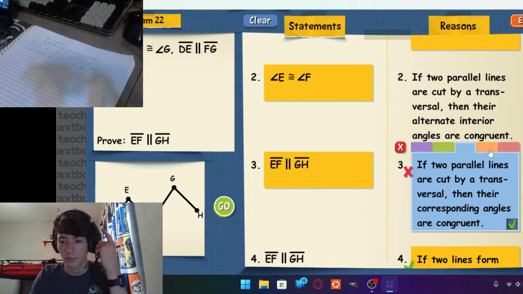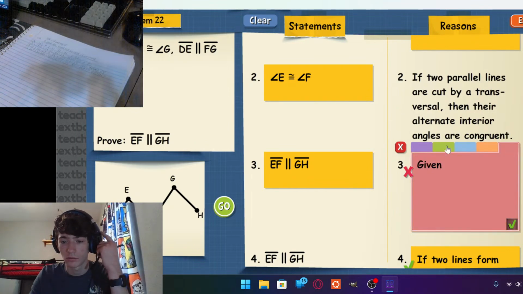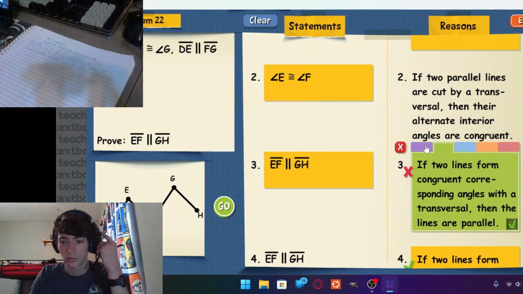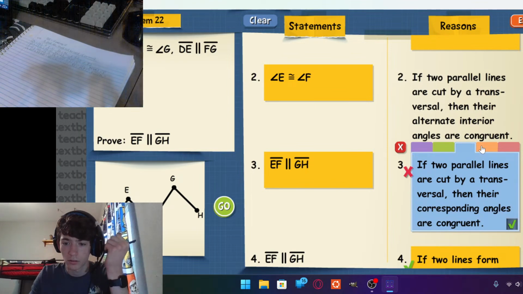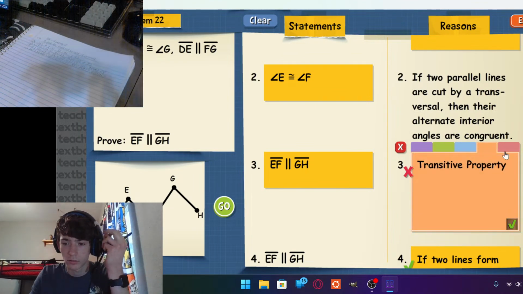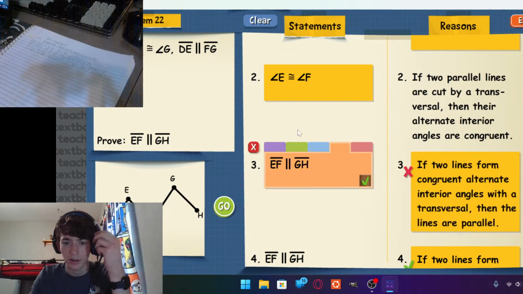It's going to be something about parallel. Okay, but that wasn't it. Given? That wasn't given, so it's not that. DE equals FG. It's not that.